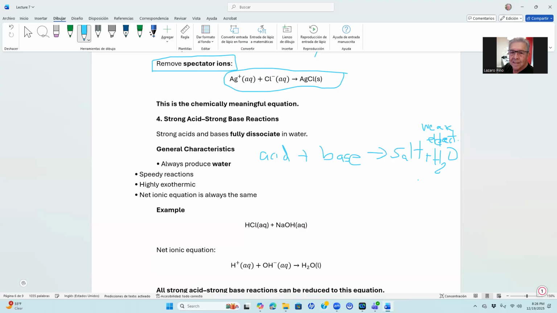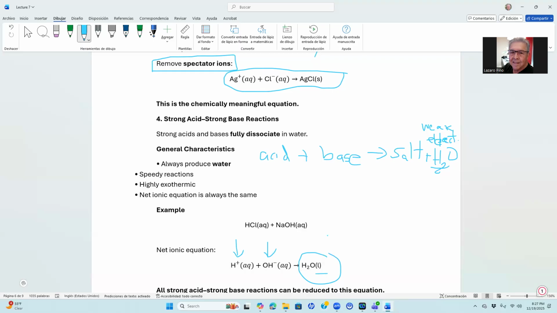Water is a weak electrolyte, so it remains as molecules in the reaction. The net ionic equation is water, a liquid, made of the hydroxide ion plus the hydronium ion.